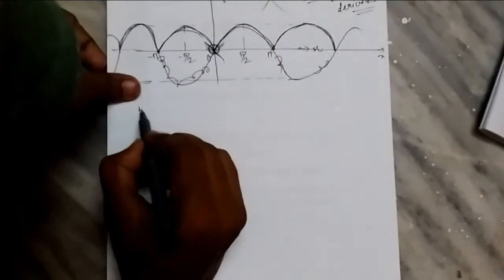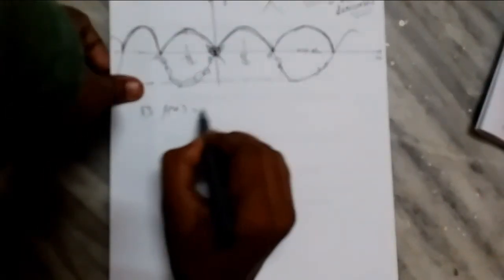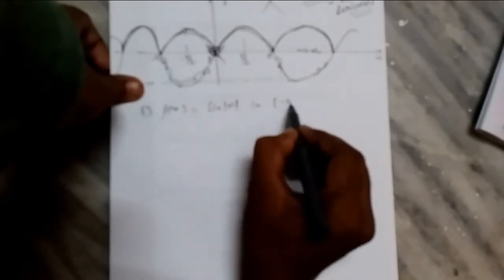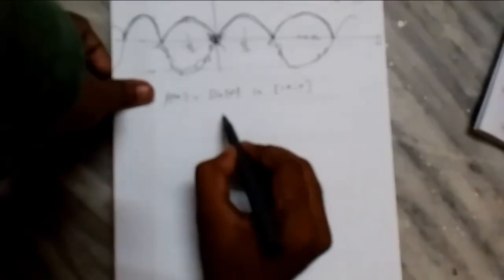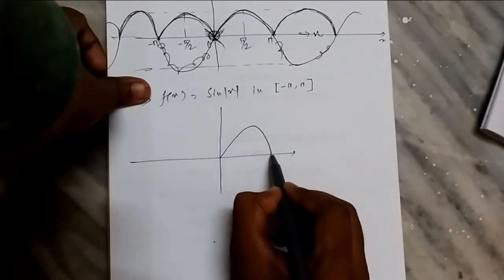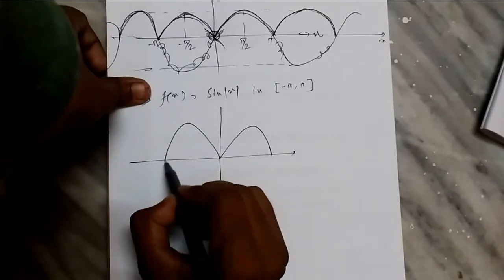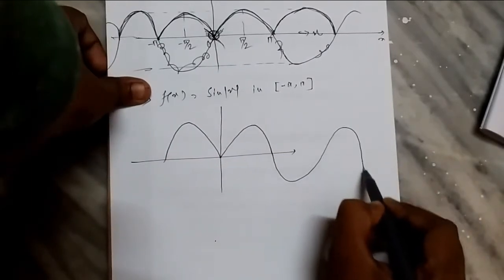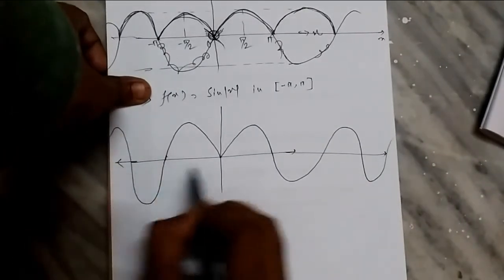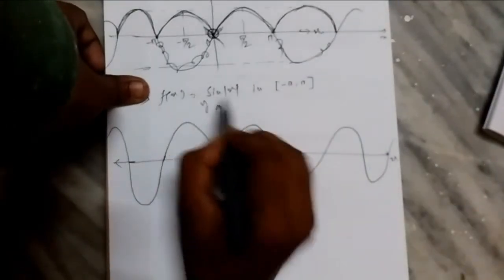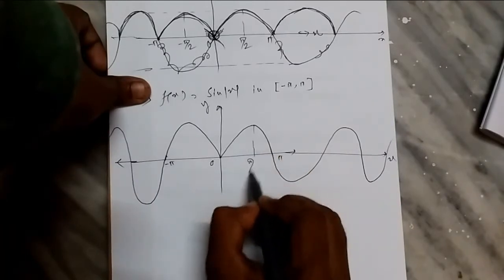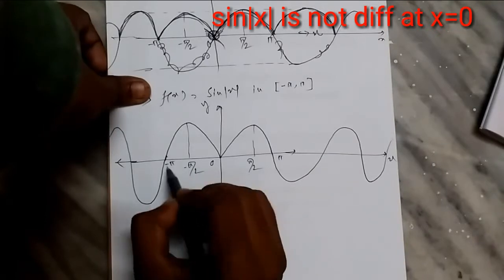Let us take the last example. If we take f(x) equal to sine of mod x in the interval minus pi to pi and draw this figure, this is minus pi, this is pi, this is pi by 2, and this is minus pi by 2.